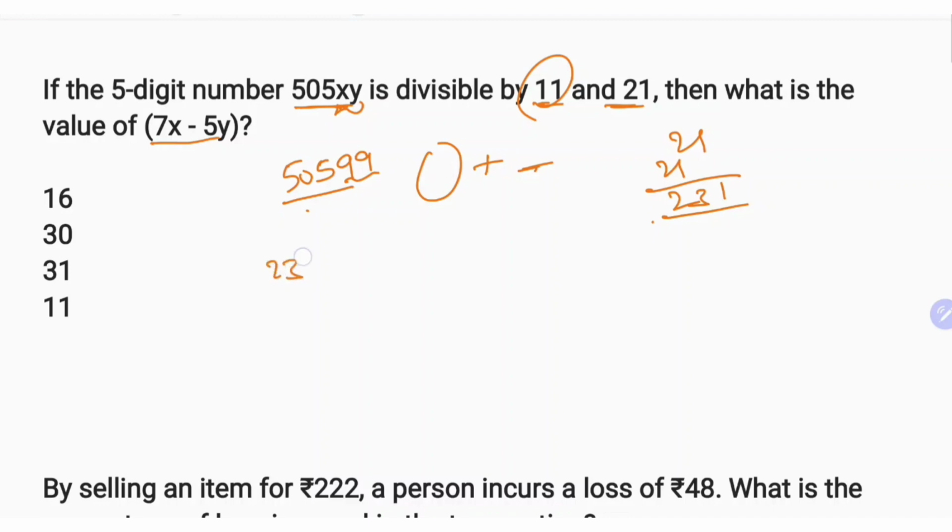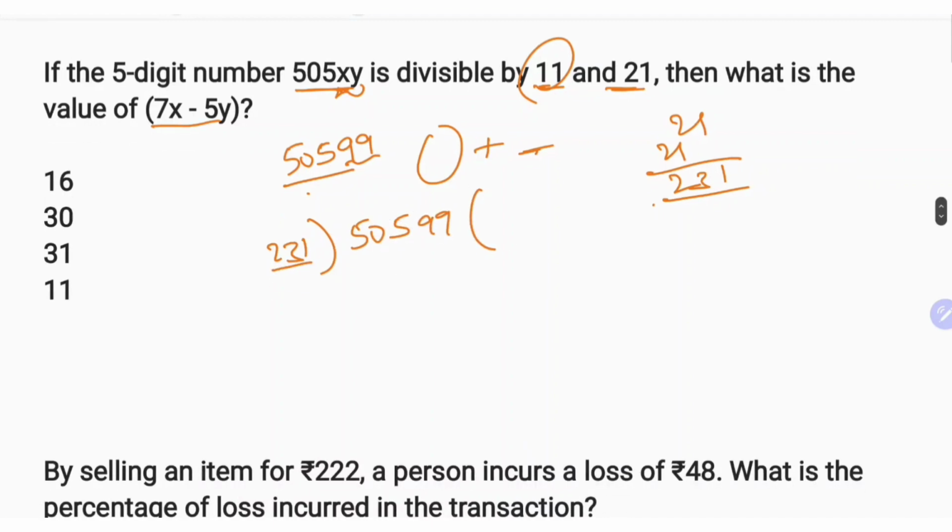Come on, 231 into 505, 99. 2 times 231 is 462. 1 time is nothing but 231. 231 tens is 2310.